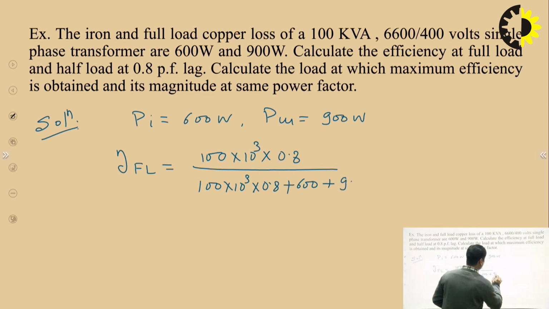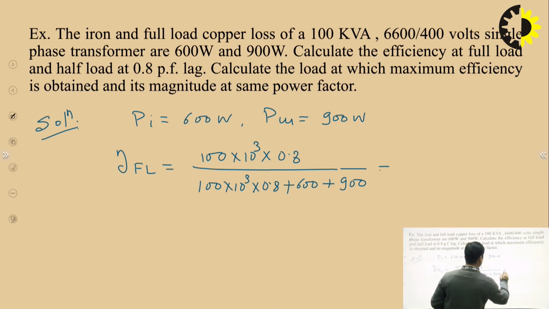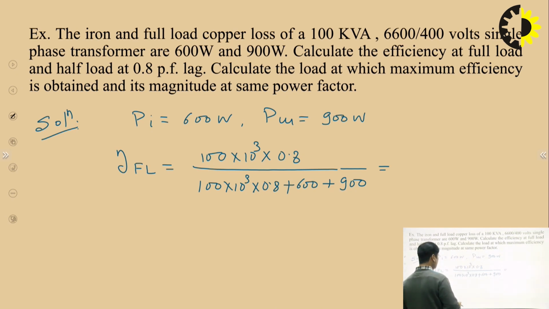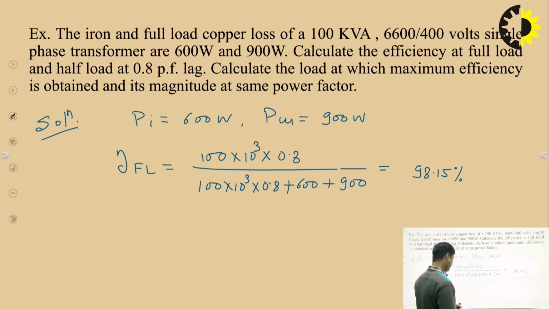So full load copper losses are there. When we calculate this, we find that the efficiency of the transformer will be 98.15% at full load.